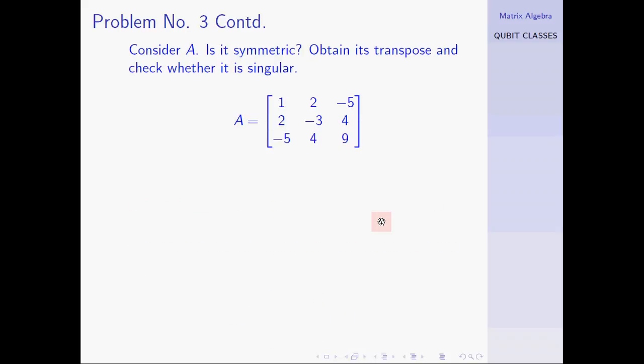Now the last part is to check whether the matrix is singular. Let's again recall that A has an equal number of rows and columns, hence A is a square matrix.